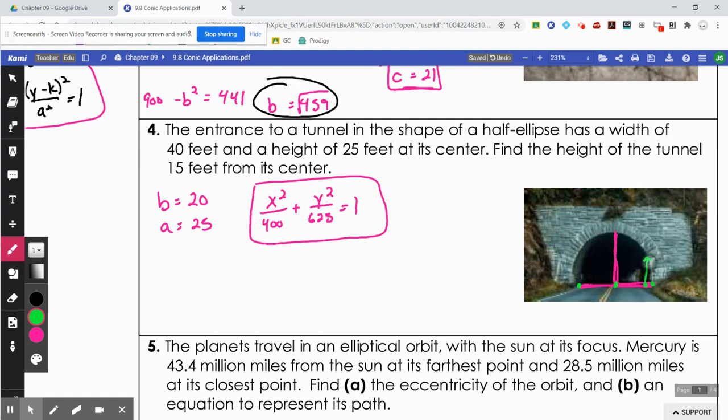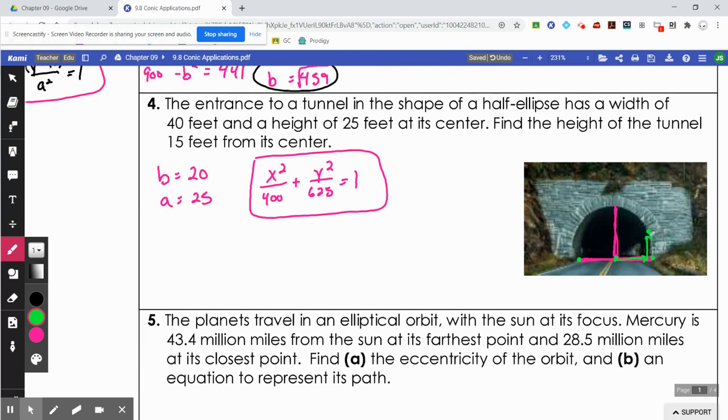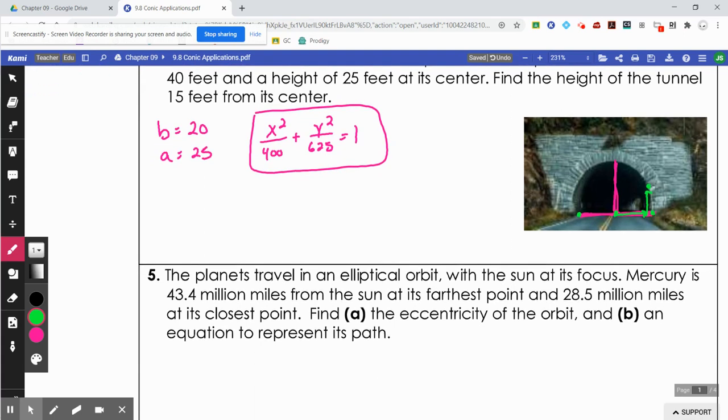What we're actually asked to do is find this point right here. Because if our x value is 15, finding our y value would tell us the height of the tunnel. So let's take our equation and plug in 15 for x.